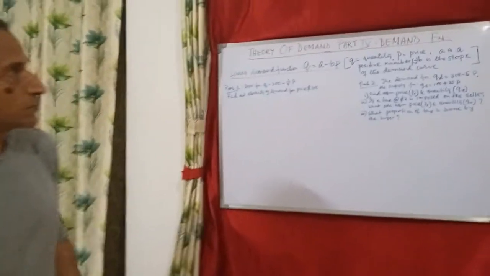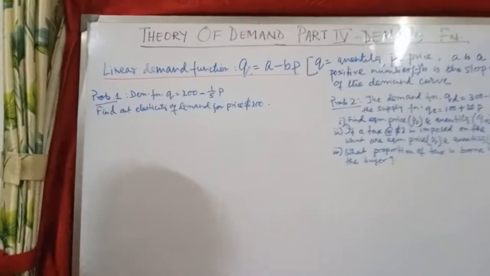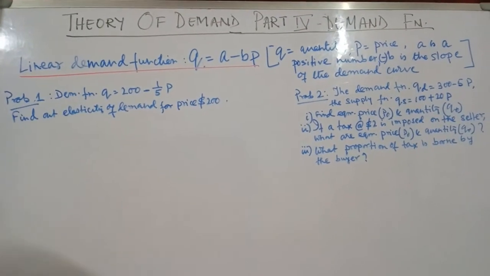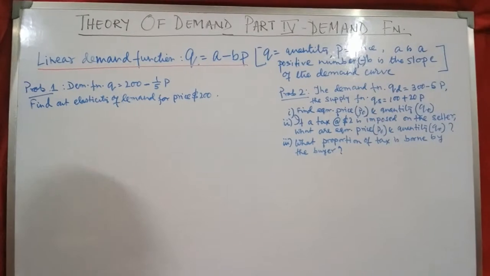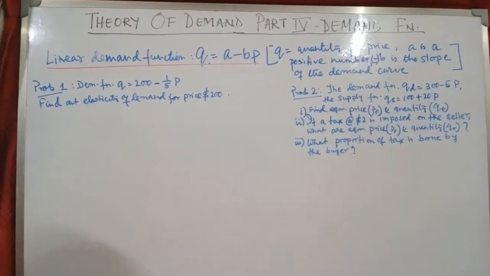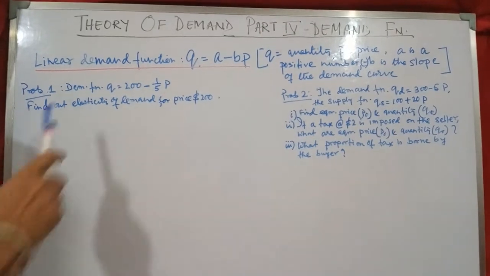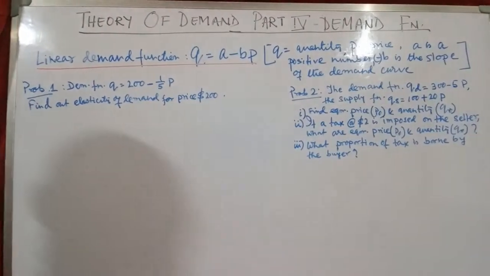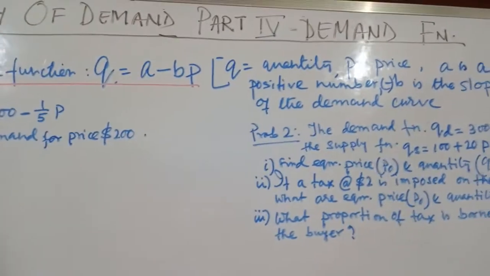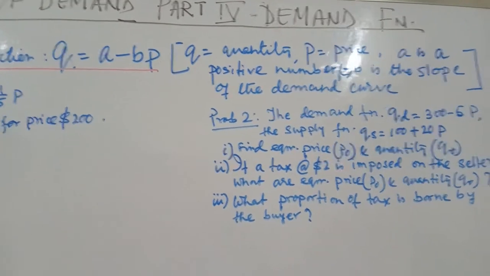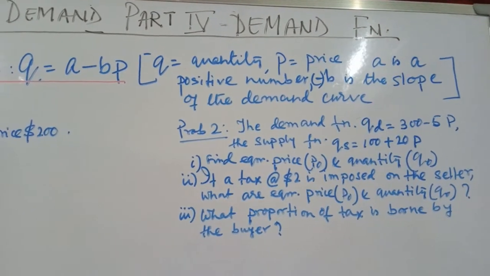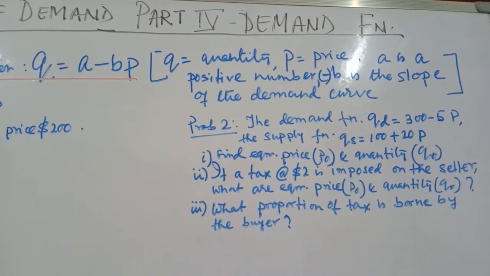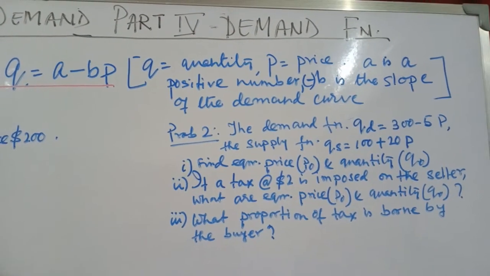Now, in this video, that is part 4 of the theory of demand, we shall solve 2 numerical problems on demand function, and we are considering a linear demand function, that is in the form of Q equals A minus BP, where Q is the quantity, P is the price, A is a positive number, that is the positive intercept on the y-axis of the demand curve, and minus B is the slope of the demand curve.